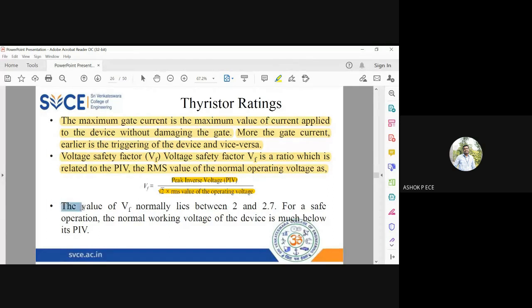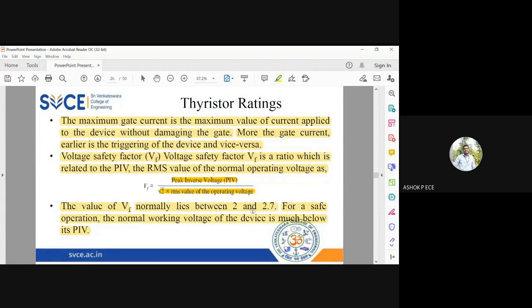The normal value of VF lies between 2 and 2.7. For safe operation, the normal voltage of the device is kept much below PIV. They say 2 to 2.7 is okay, but you have to ensure that this value is always below 2.